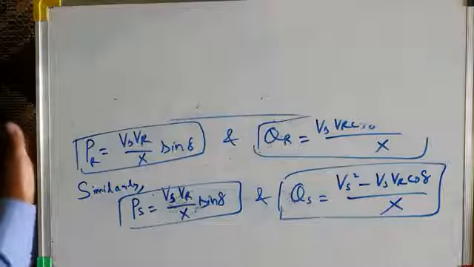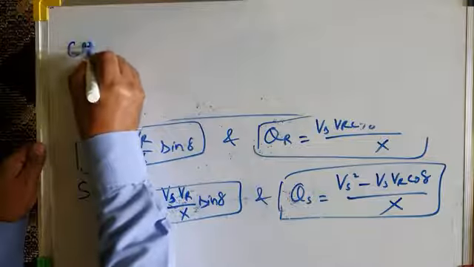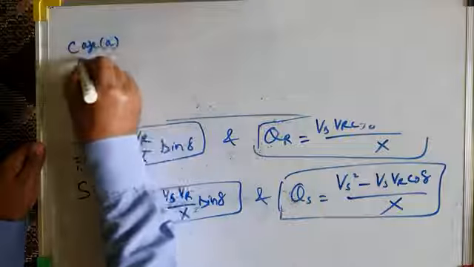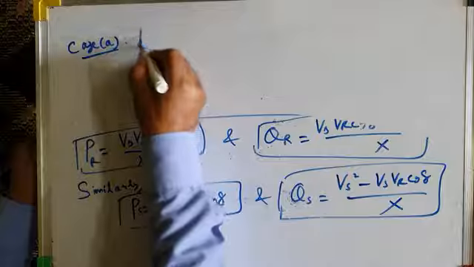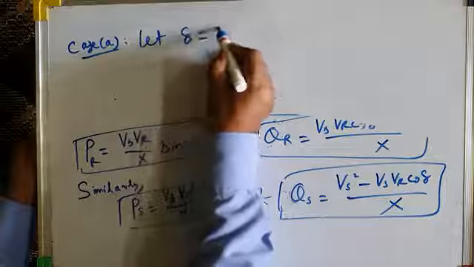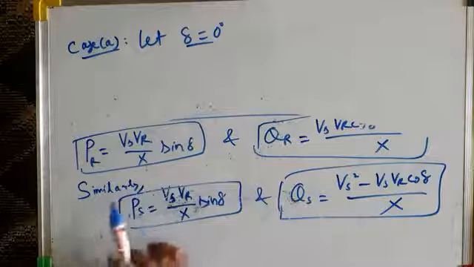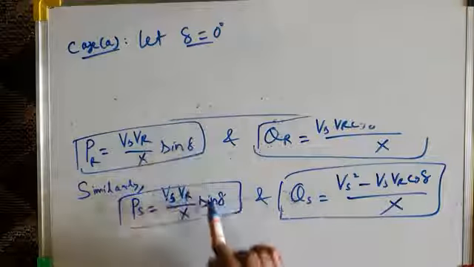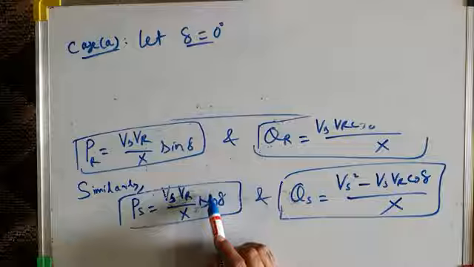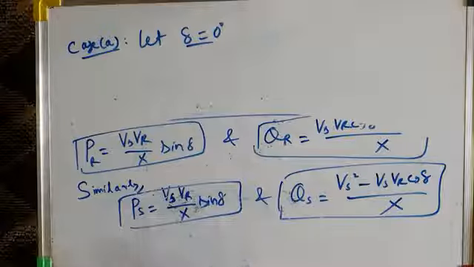Now let us consider two different cases. First of all, we will consider case A. In case A, let us assume delta equal to 0 degree. So when delta is equal to 0 degree, you can see from these equations, sine delta is sine 0 in both these equations, that is 0. So when delta is equal to 0 degree, that means when sending end voltage and receiving end voltage are in phase, there is no phase angle or phase difference between the two.